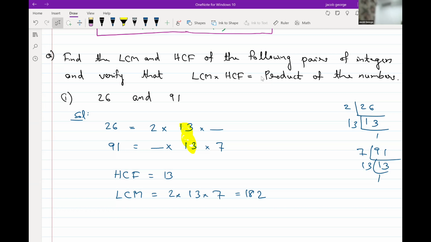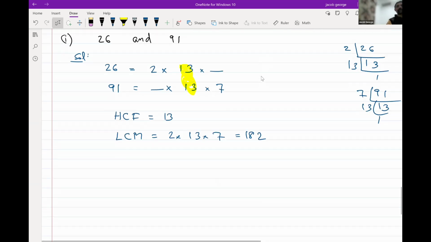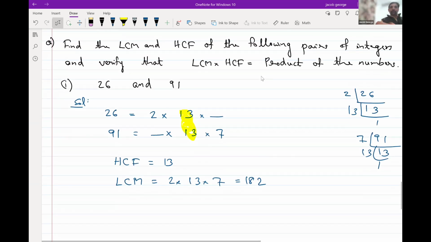And you will observe that both will be the same number. That is the verification. So let's do that one. Before that, from online, everybody understood finding LCM and HCF? Yes, sir. Perfect, right? Okay, fine. So now verification.